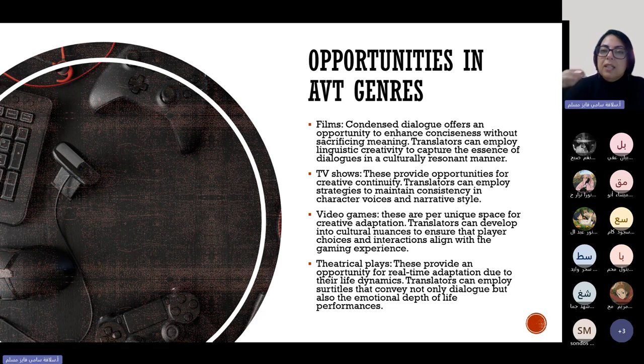Because it runs through many episodes, creativity should come into play. For video games, this is what we call creative adaptation. This is the uniqueness of video games. For theatrical plays, it gives an opportunity for live adaptation.